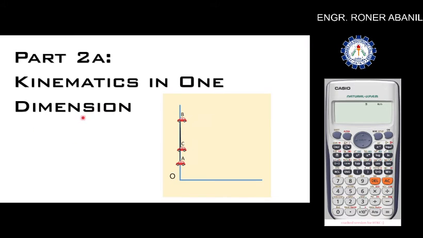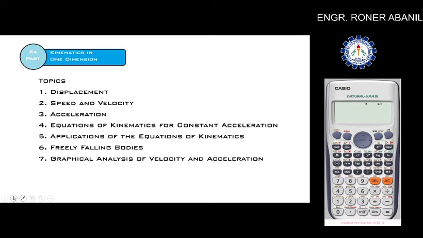Okay, so balik na ako dito. No? So, yun na nga, i-discuss ko ngayon is the kinematics in one dimension. Okay? So, let's start. So, yung kinematics natin in one dimension is nahati sa pito na topics.